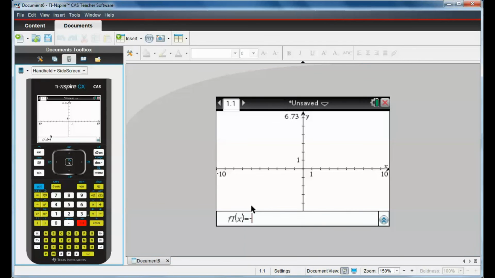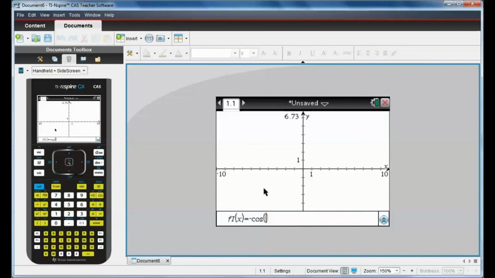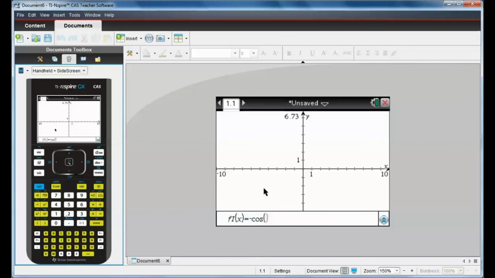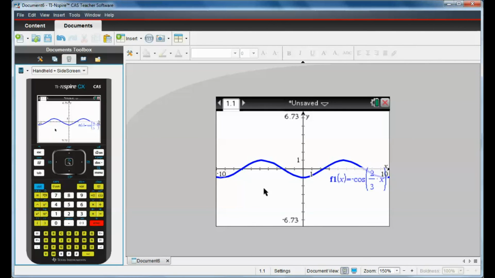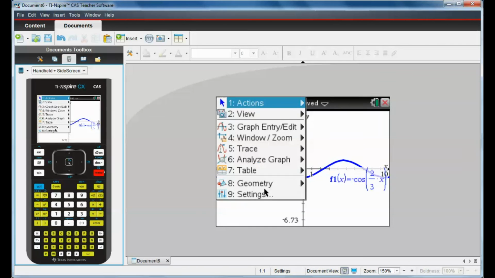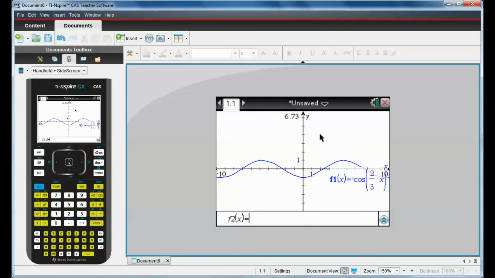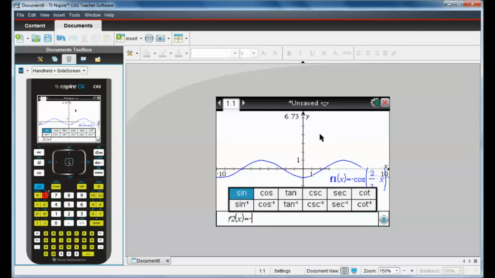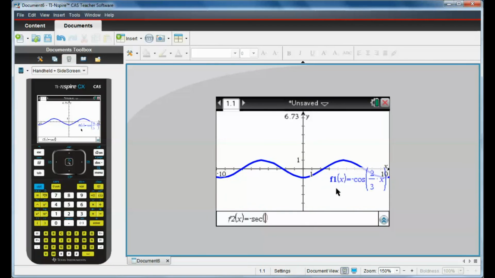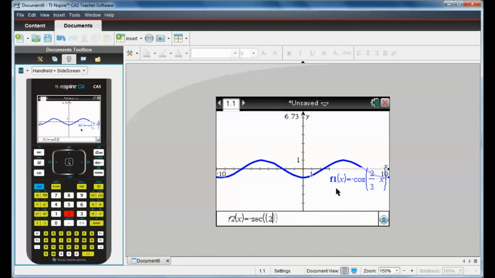Let's say I have negative cosine of 2/3 x and negative secant 2/3 x.